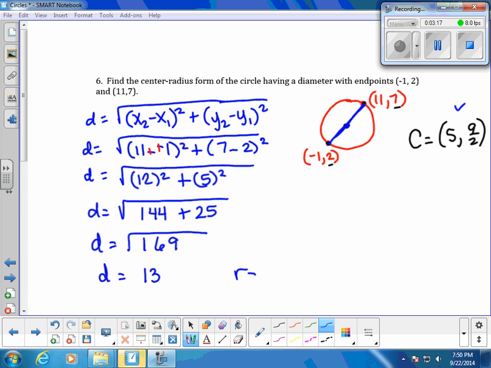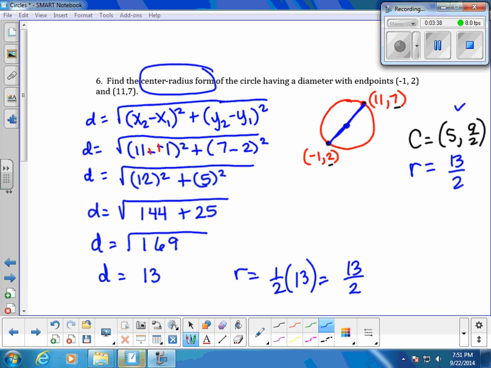So the radius is going to be half of that. So the radius is half of the diameter, which is 13/2. So I have my center and I have my radius. Now I need to give center radius form.